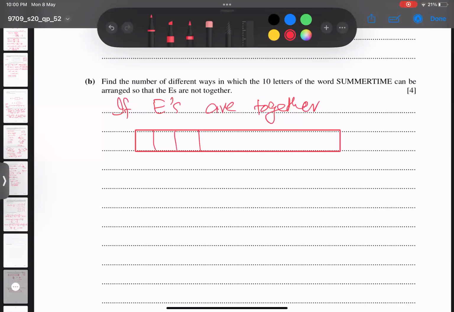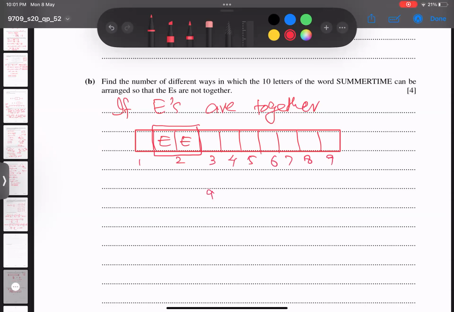1, 2, 3, 4, 5, 6, 7, 8, 9, 9 lines, 10 boxes. Okay. Let's say E's together. So one E here, second E here together. I count them as one. So 1, 2, 3, 4, 5, 6, 7, 8, 9.